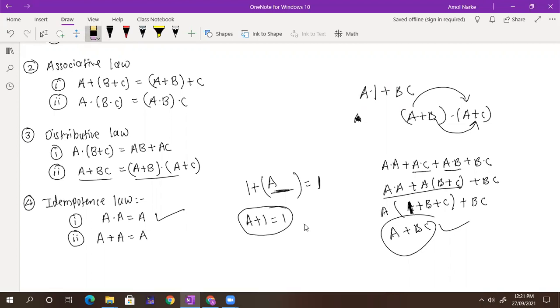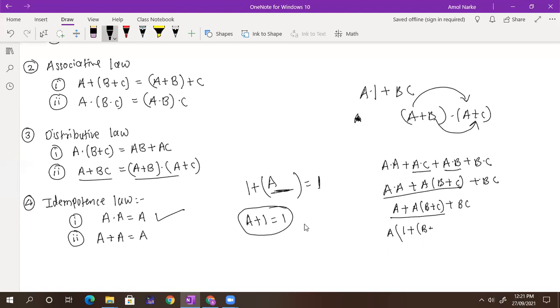So I will write it down in a good manner so you will understand. I take A common. Here A is nothing but A, so I write A here. Again we have A here, so I write A here. B plus C as it is, plus B plus C. Now I can take A common. If I take A common, what remains here? 1 plus, that A is already gone. What remains in the bracket?